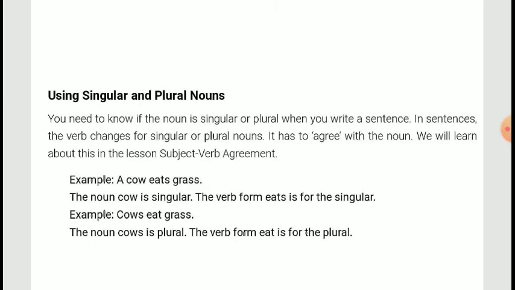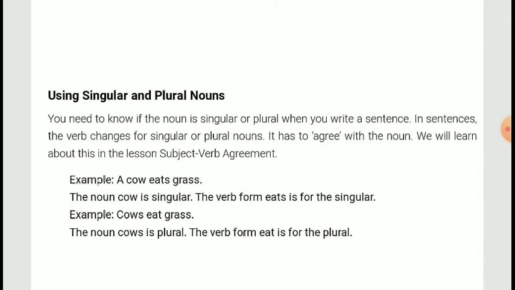We will learn about this in subject-verb agreement. Now let's look at the example. A cow eats grass. In this sentence the word cow is singular. So with cow, in the verb eat, we add an s. The verb is eats. The verb form eats is for the singular noun. Now, if you want to make the noun plural in another sentence, let's look at the example.